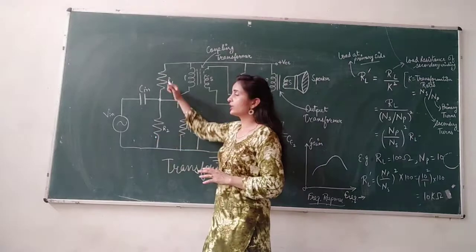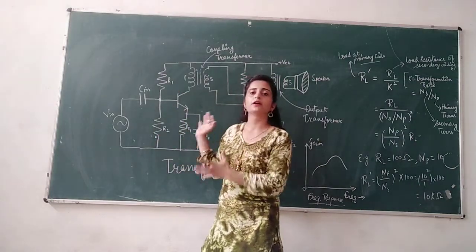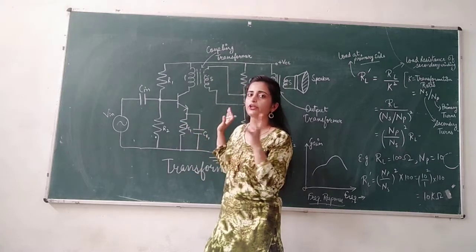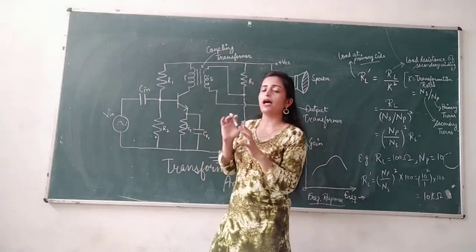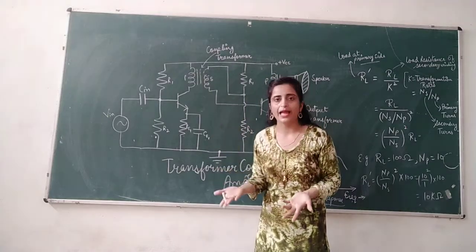Then after, R1 and R2 work as the potential divider biasing circuit, so that the operating point of the transistor should be stable, and it will be possible for the transistor to do the amplification.